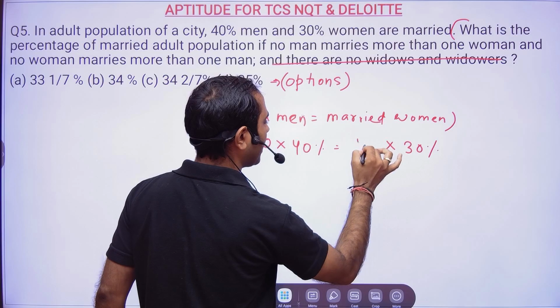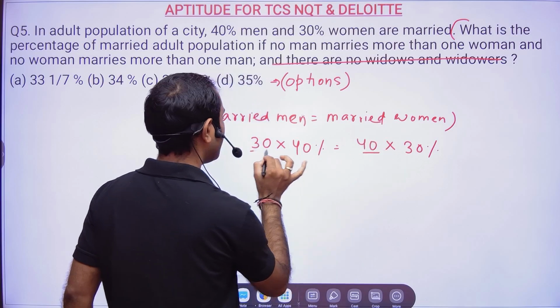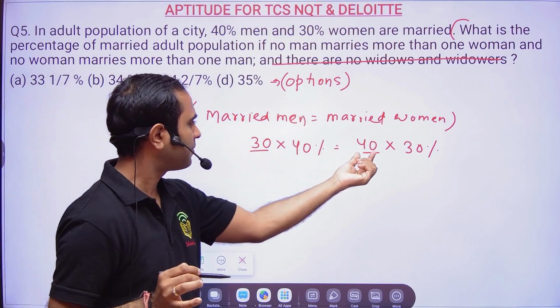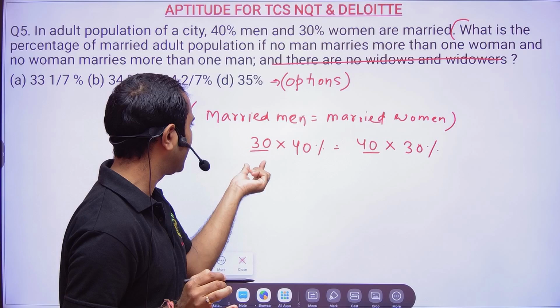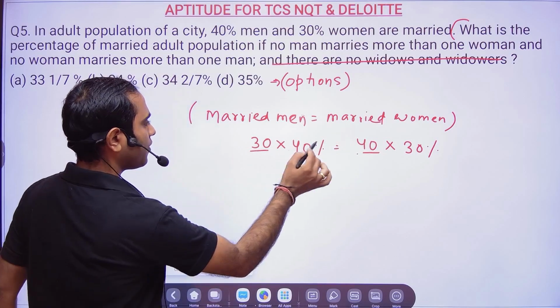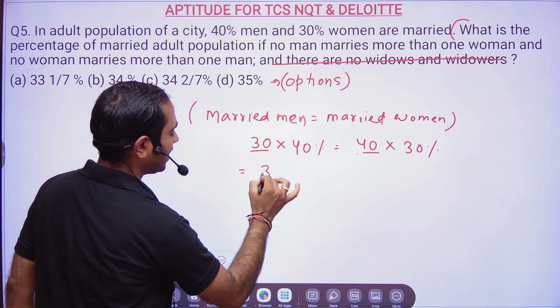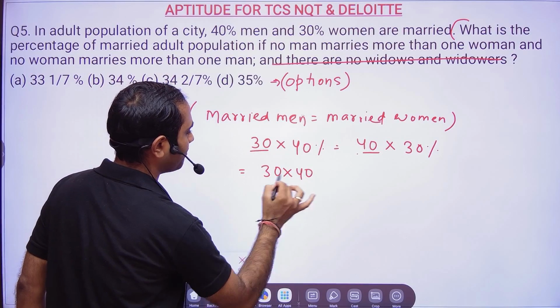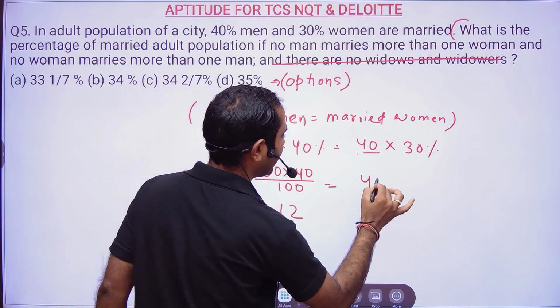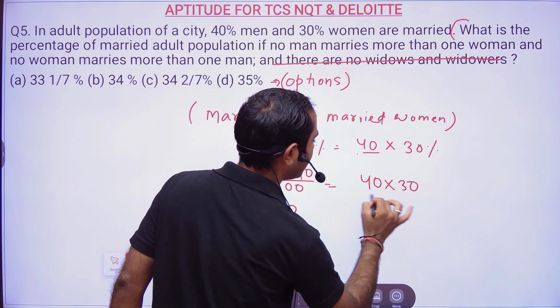What I did here is take a random value: total men 30 and total women 40. Now when I calculate, 30 into 40 by 100, married men is 12, and married women is also 12.